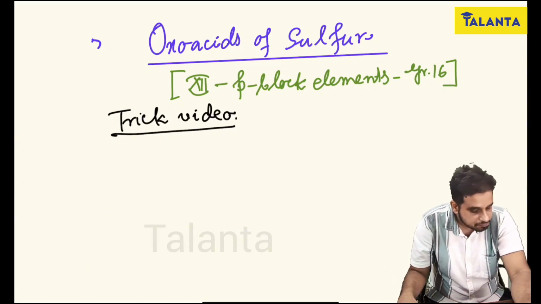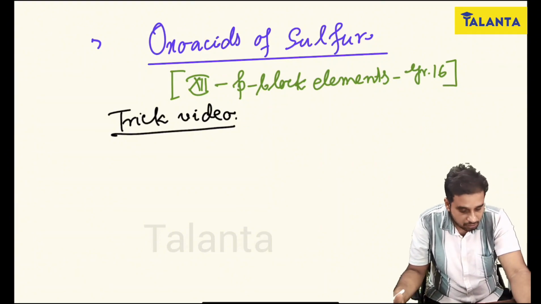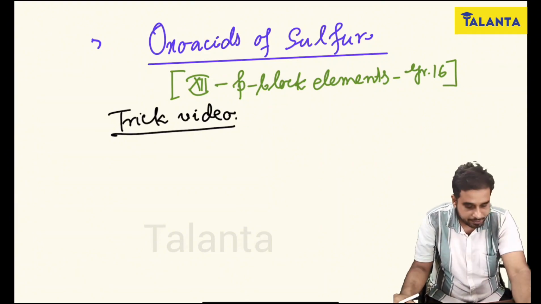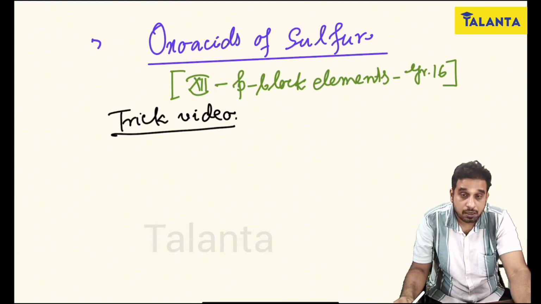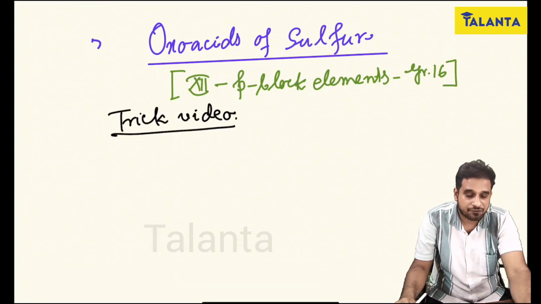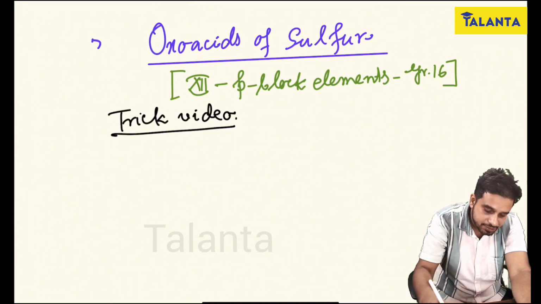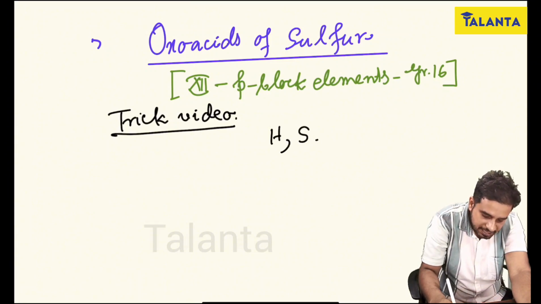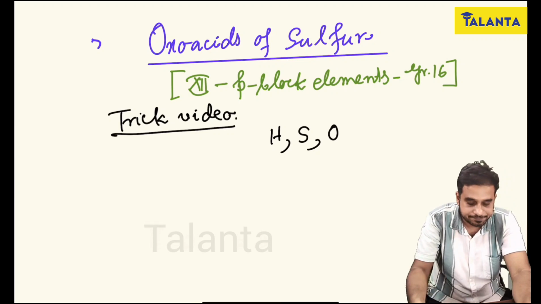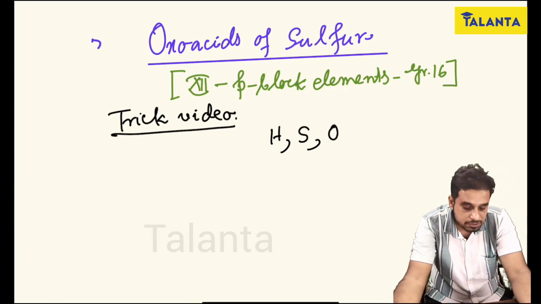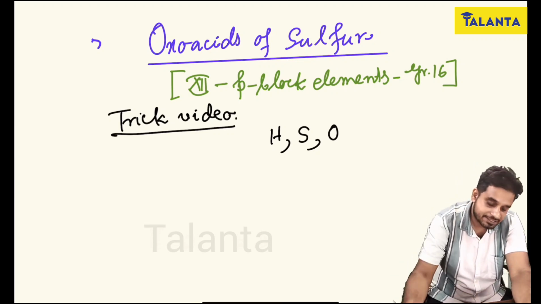At the beginning of this lecture, what do you mean by oxoacids of sulfur? The substances which contain hydrogen, sulfur and oxygen. Now, some basic features of these oxoacids.